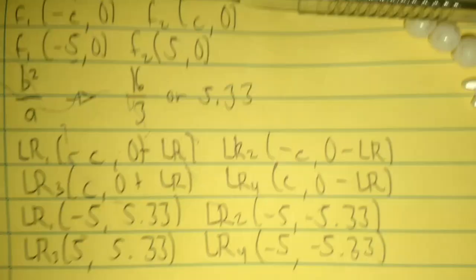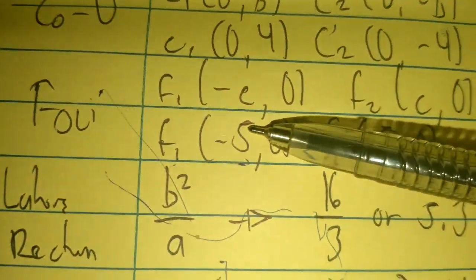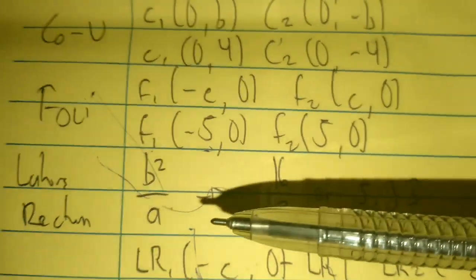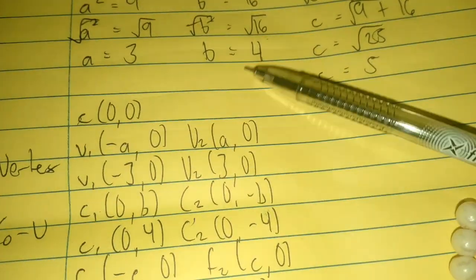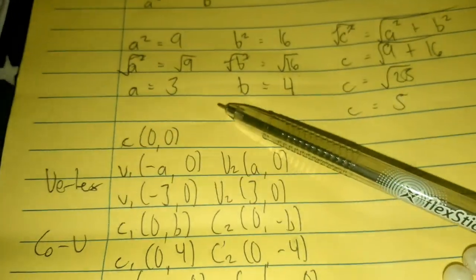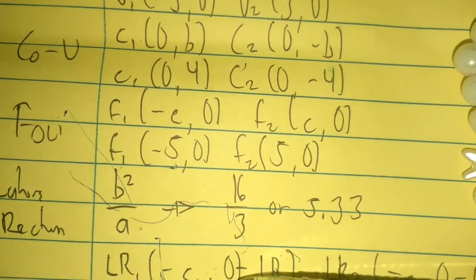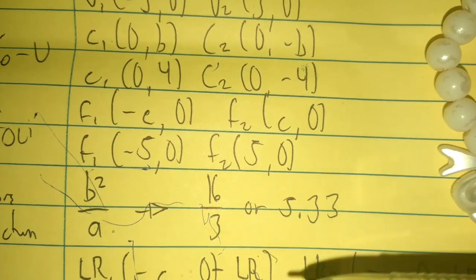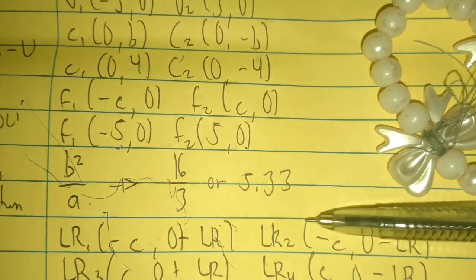Then for the last step, let us find the latus rectum. The formula for the latus rectum is b squared over a. It will become 16 over 3, because b is equivalent to 4 and 4 squared is 16, and a is equivalent to 3. 16 over 3 is a fraction, and its absolute value is 5.33333, but let's just take two decimal places.